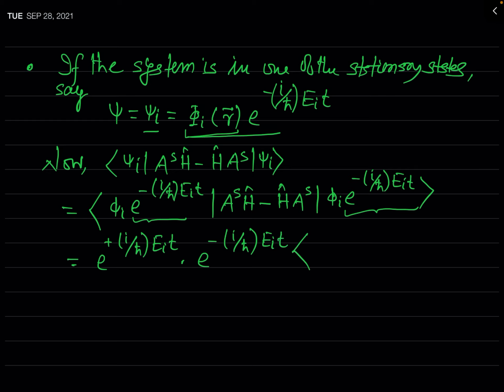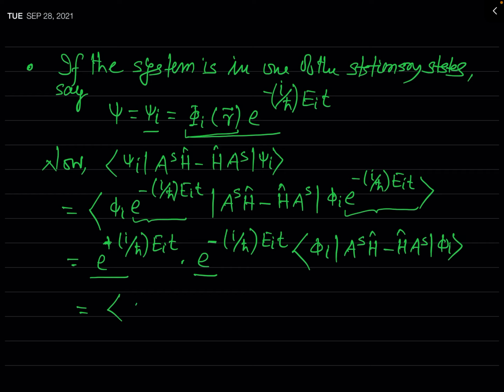And now the remaining factor is bra phi i, A H hat minus H hat A, and ket phi i. Now you can see the product of these two exponential factors will be e to the power 0, because here there is a plus power and here is a minus power, and the powers are the same. So this will be e to the power 0, and that will be equal to 1.